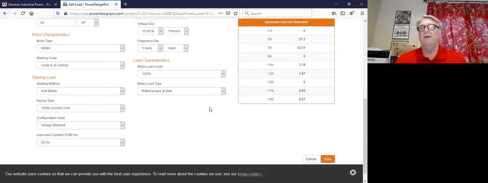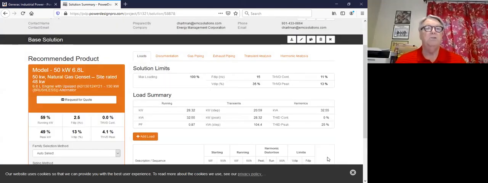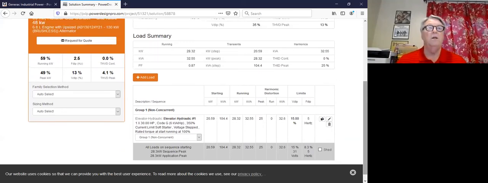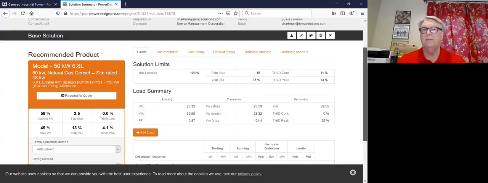Now remember, we had a 50 kilowatt generator before with a 70 kilowatt alternator. Simply by changing that one thing. Oh, notice, did I do this right? Current voltage stepped. Okay, interesting. Usually that will upsize the engine. In this case, the engine didn't need to be upsized, but notice this.